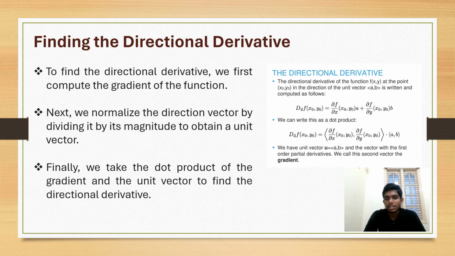We can write this as a dot product: D_u f(x0, y0) = (∂f/∂x(x0, y0), ∂f/∂y(x0, y0)) · (a, b). We have the unit vector u = (a, b), and the vector with the first-order partial derivatives, which we call the gradient.